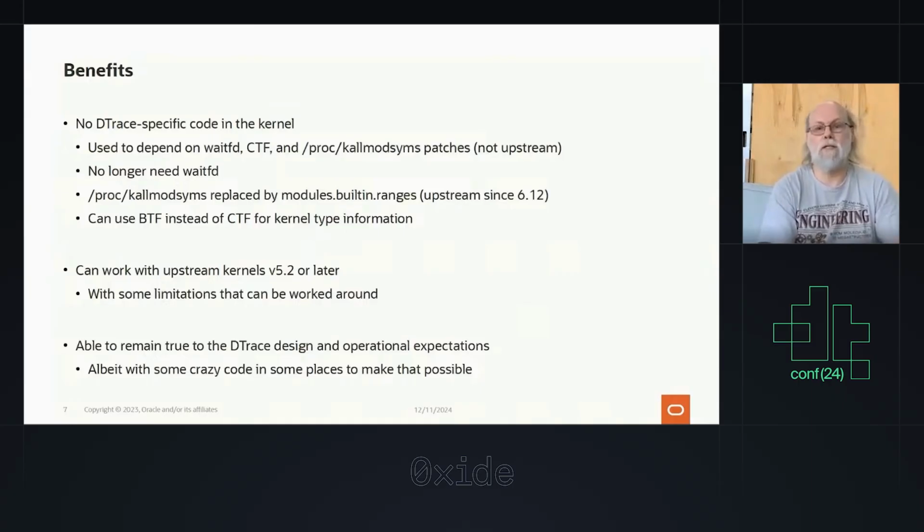We still needed some patches in the kernel to have a feature called waitfd, which made it possible to wait for both the lifecycle events for processes and what is happening with our tracing, CTF to get our type information, and then this KL mod sims, which associates module names with symbols, even if the module has been compiled into the kernel.